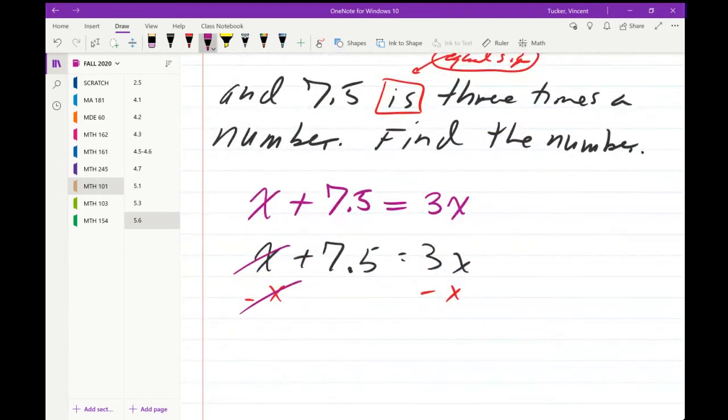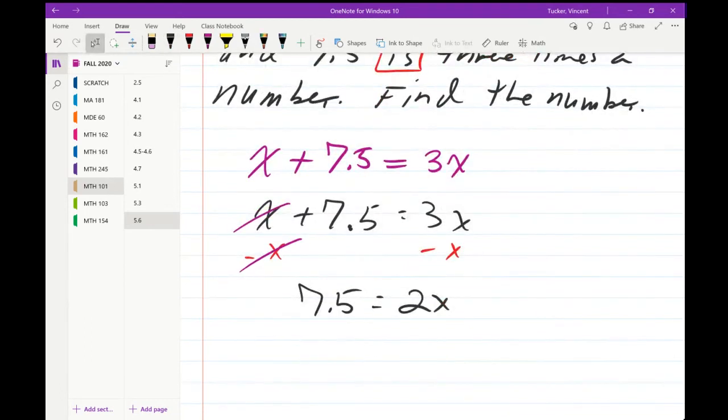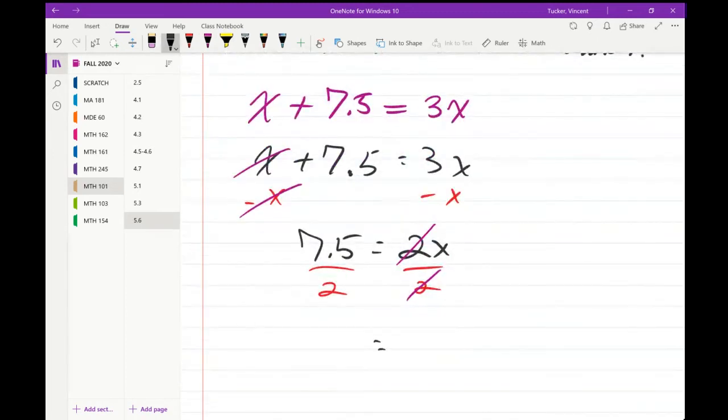So they cancel out on the left, leaving me with 7.5 equal to 2x. Now divide by 2, because that's attached to the x. The 2's cancel. That's 3.75.